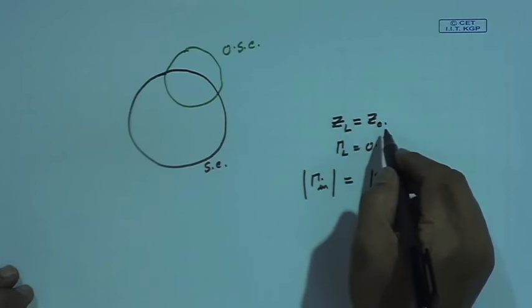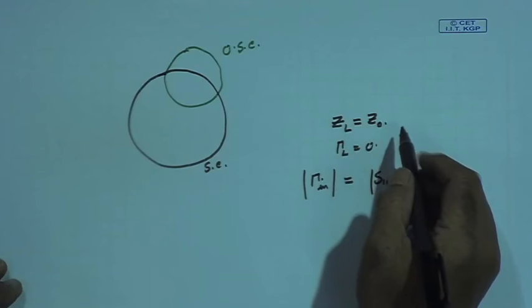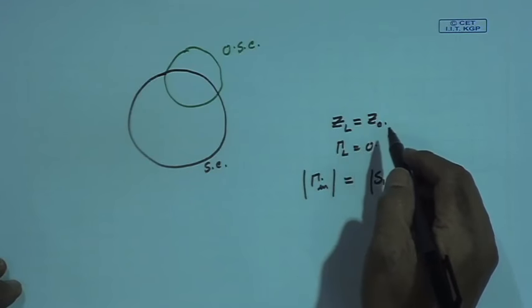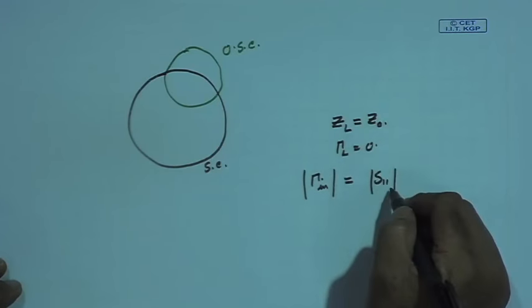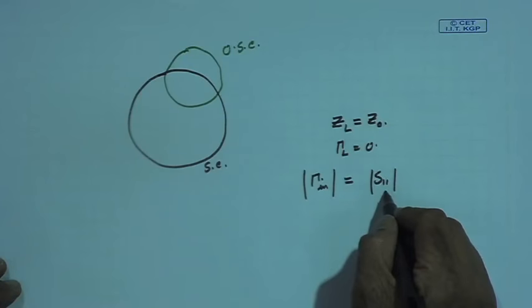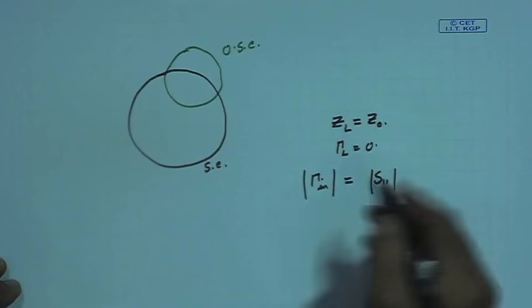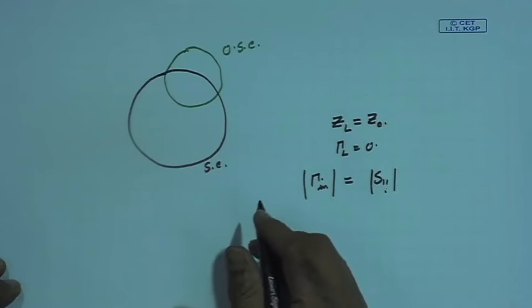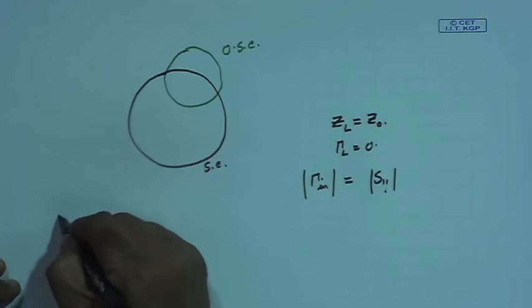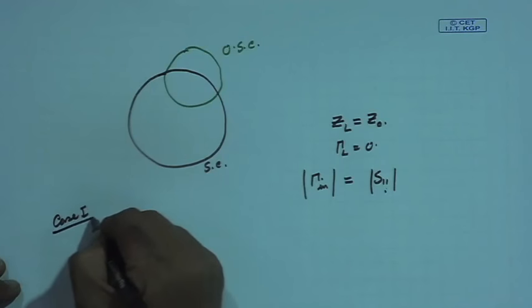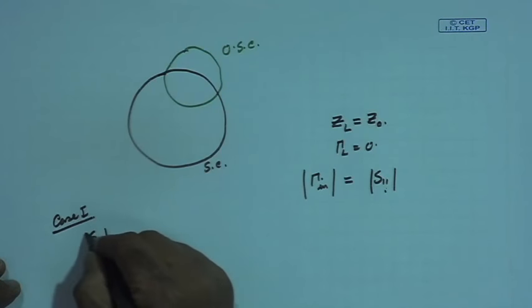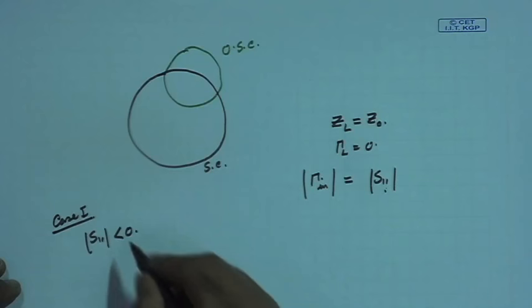This is one of the choices, as we have seen in simple matching we do this instead of conjugate matching, and in that case gamma in becomes S11. Now, there can be two possibilities: the magnitude of S11 can be less than 1 or greater than 1. Let us say case 1, when the magnitude of S11 is less than 1.